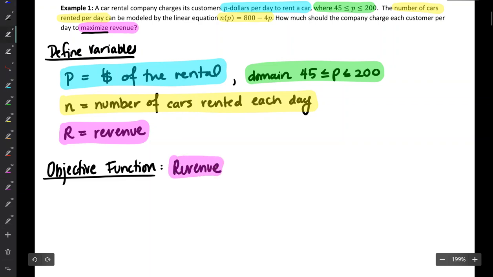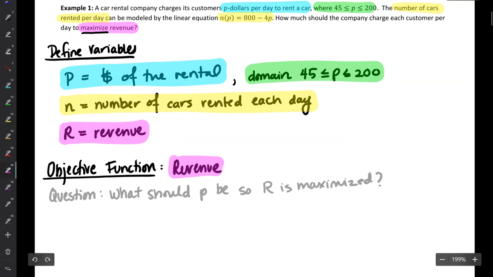And the question that they're asking us is, what should the price be so the revenue is maximized? So I want to write revenue in terms of my price. In other words, I want to write revenue as a function of my price.